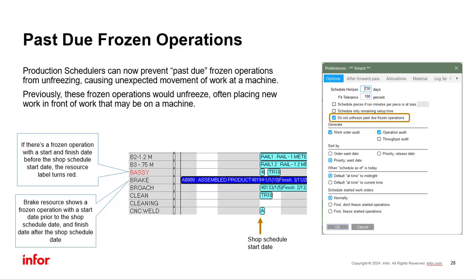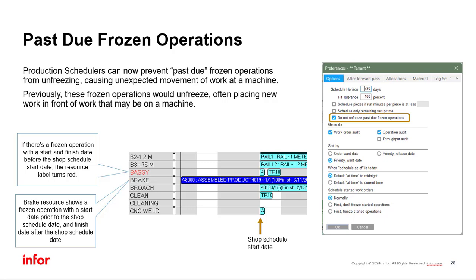For example, let's say you have a job on a machine that will run for the next 4 days, and therefore you freeze that operation to force the scheduler to schedule all other operations after it. Unfortunately, previously the scheduler would unfreeze the operation, suggesting that it can't possibly be started prior to today or the next scheduler date, often resulting in new jobs being placed ahead of it.